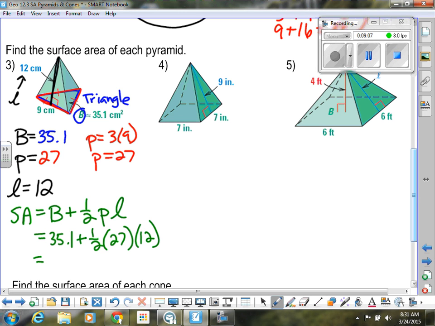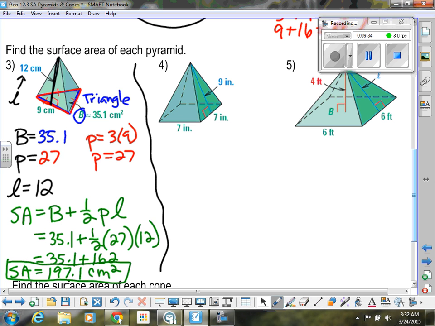So if I do all that, that's going to be 35.1 plus 162. And that's going to give me 197.1 centimeters squared. Now this is surface area, so area is going to be squared units. Okay, so that's our surface area of that pyramid. Moving on to number 4.